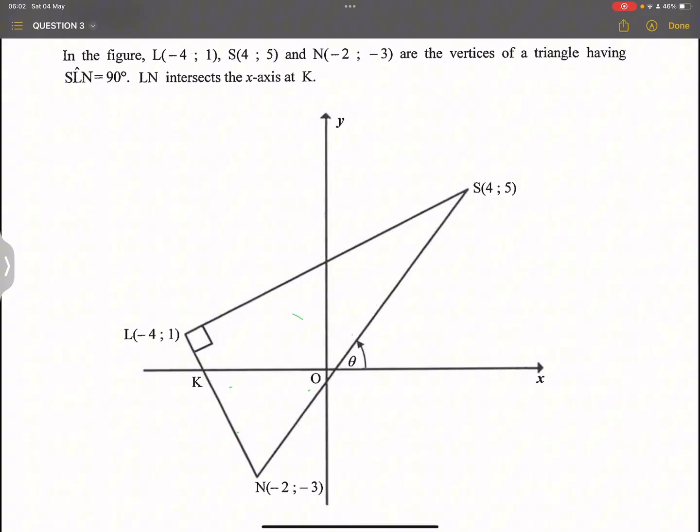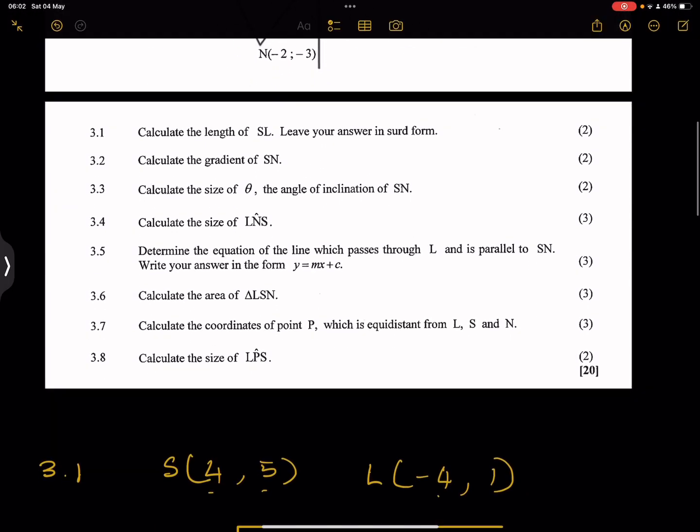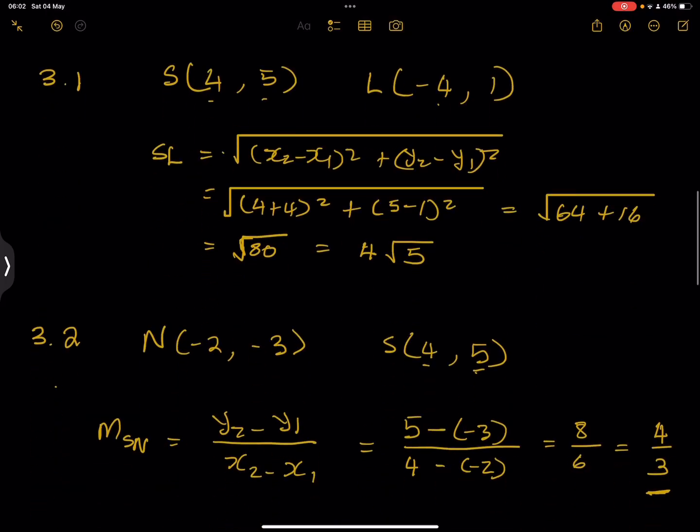Okay, we know this angle over here, all right? And we know the length of SN, right? You remember we found it. We can find the length of LN, right? So the length of LN, yeah, we found SN to be 4√5.